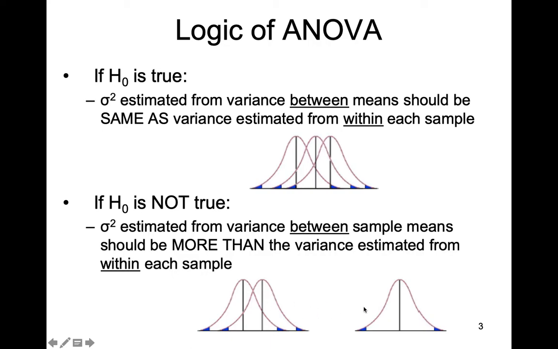So if there is a true treatment effect, say one population is different than the other two, as just one way that there could be some sort of an effect, then we should see a difference between those means. And when we estimate the population variance based on that between means approach, we'll get a larger estimate of population variance than we get from the within.